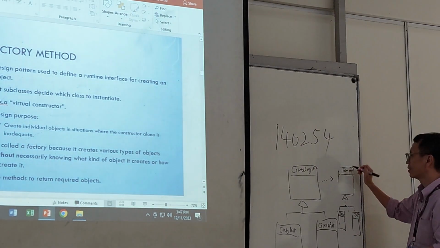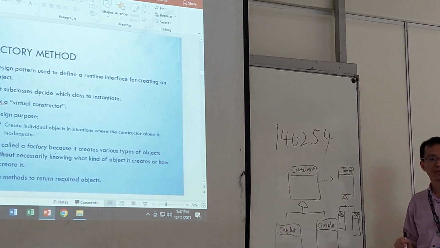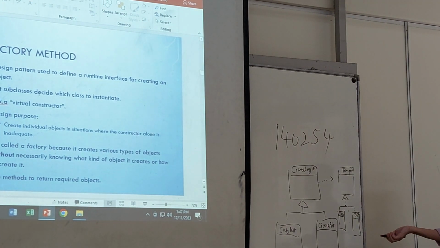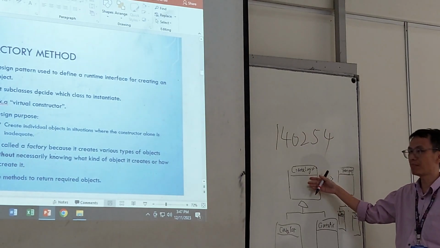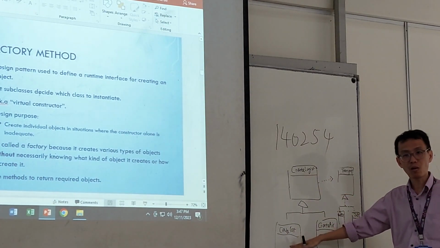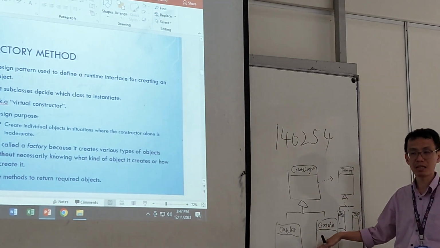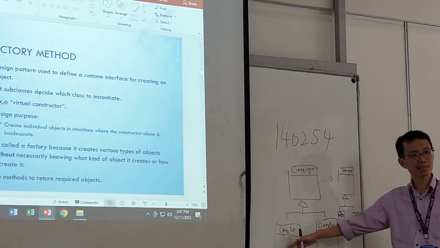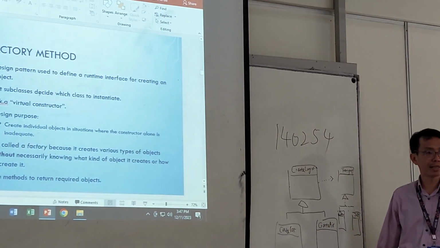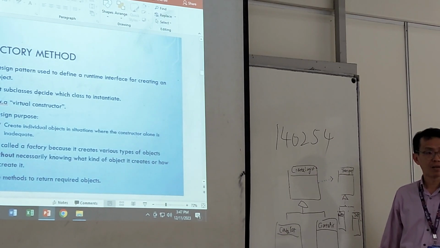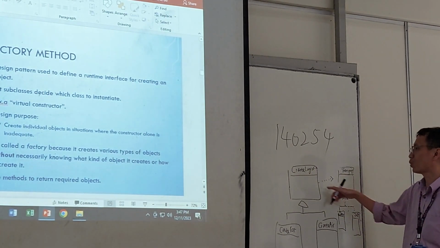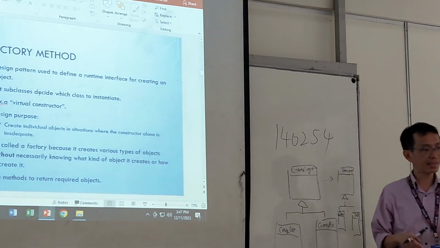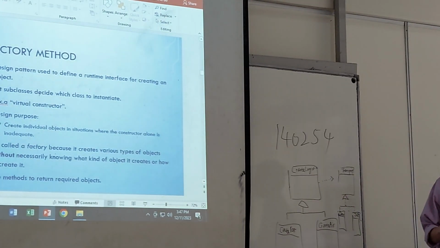Okay, interface. Understand? So in this case, when we want to create a custom parameter, we call either one of the subclasses' methods, then each class has its own way to instantiate. Understand? And then it depends on what kind of product you want to create. See that? Understand? This is the factory class.